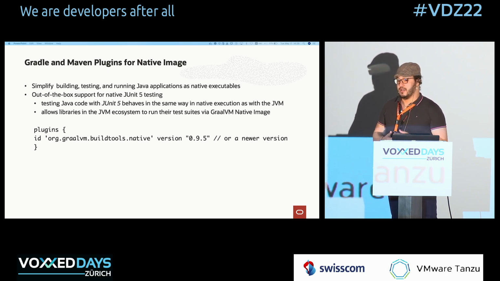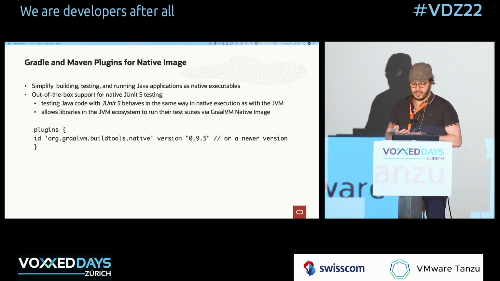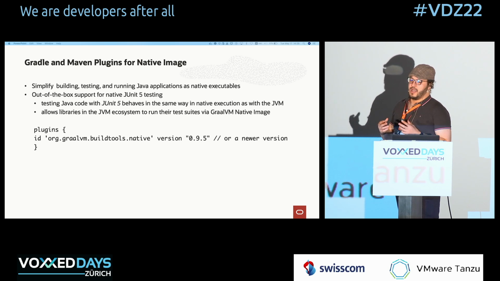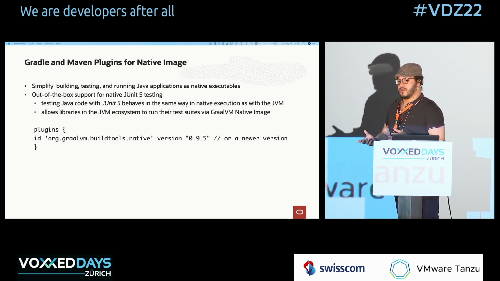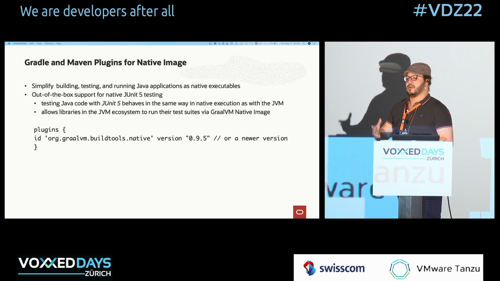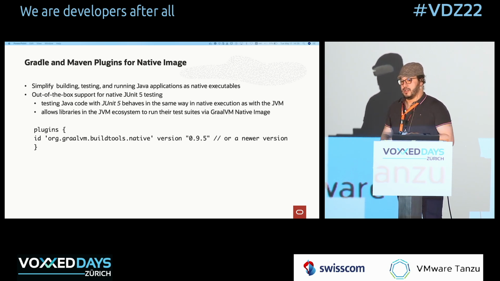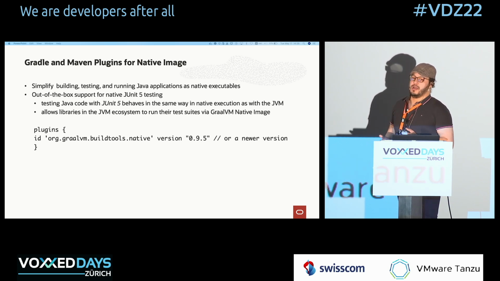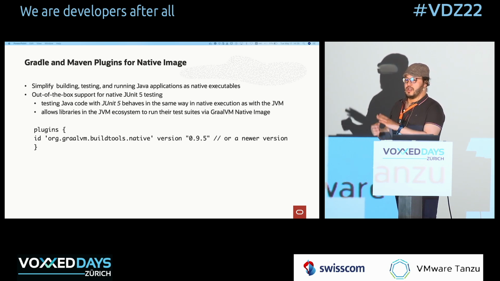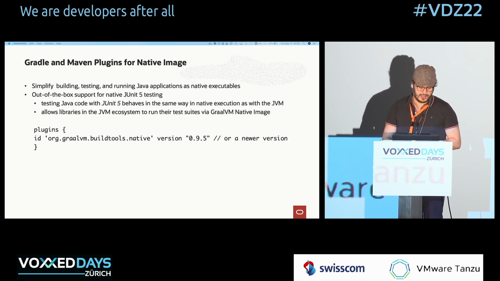So you can run the native image plugins for Maven or Gradle on your applications, and test, basically, and they will generate all the configuration, or at least most of the configuration you require to make your application compatible with native image. The other thing is that most libraries already did this work for you and include native image properties and configuration files as part of their libraries and jars.